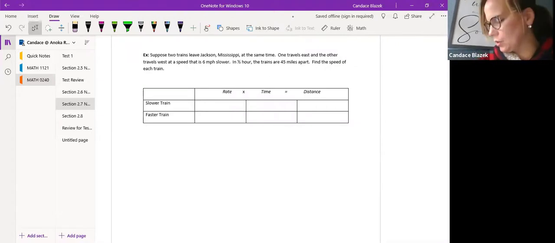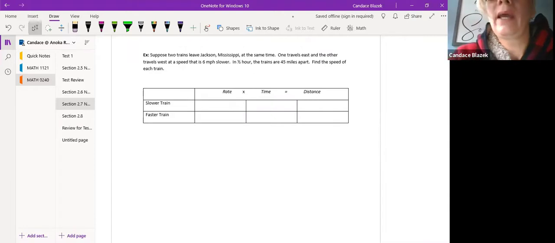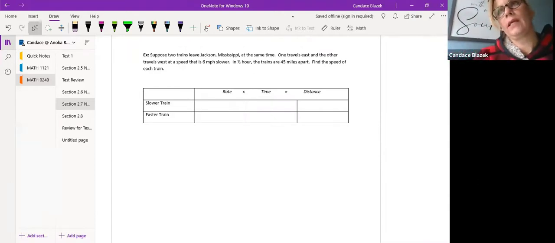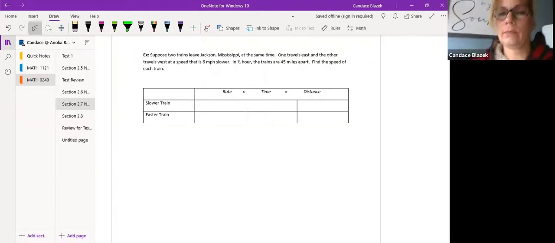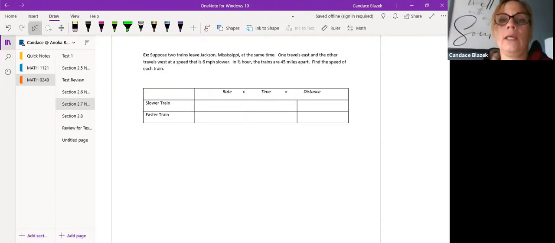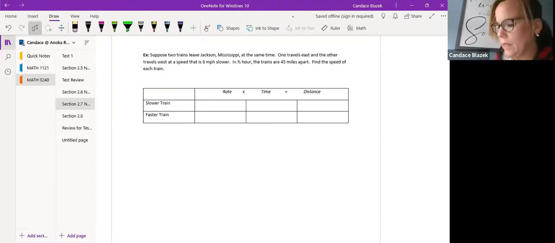So let's try this next one. The first example we had right before, I said that either the distances are going to be equal or you're going to add the distances to get a total distance. Those are two very common distance equals rate times time word problems. So for this next example, suppose two trains leave Jackson, Mississippi at the same time.